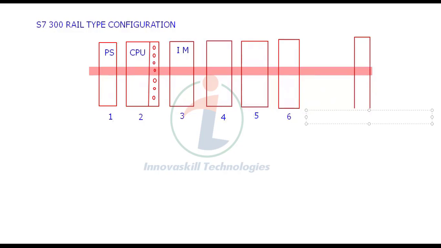We can increase till 11. So you have one rail. If you have one rail, you can increase up to 11 slots here. This is the base rail. Now this is the first rail, and in this S7300 you can increase in one rail up to 11 slots.